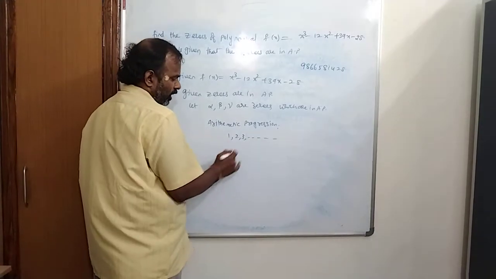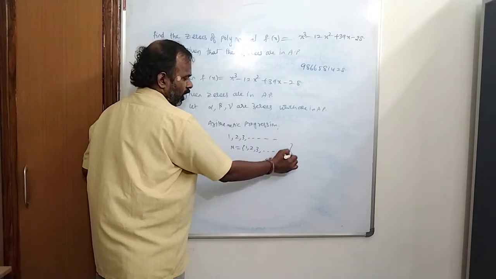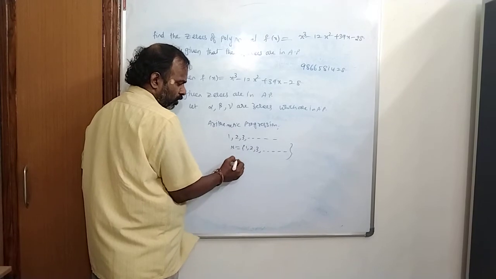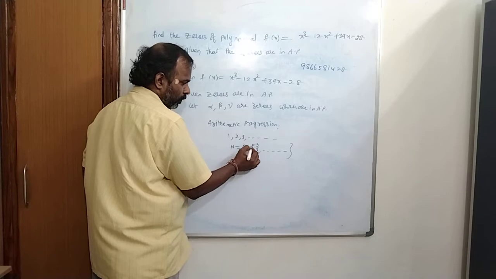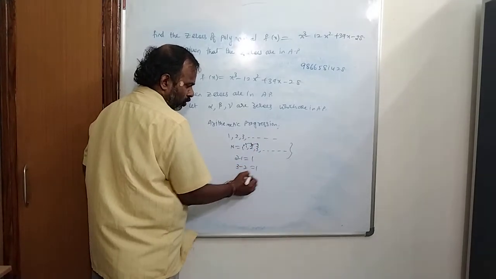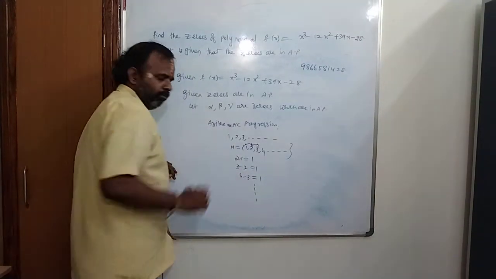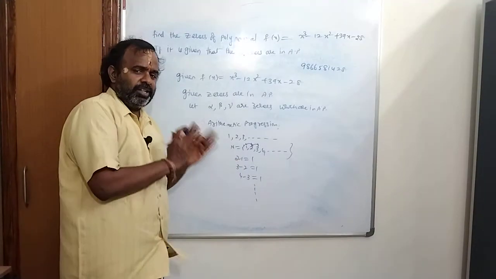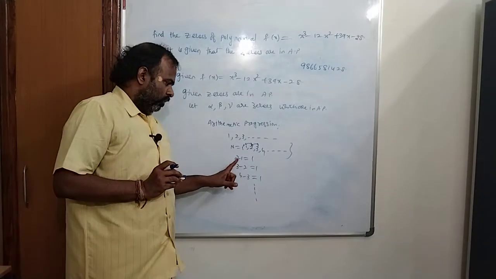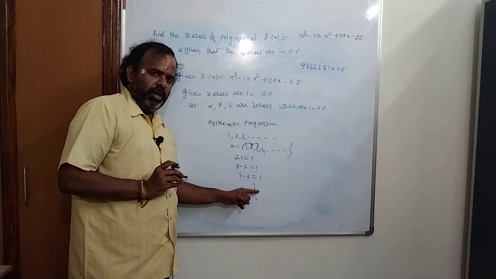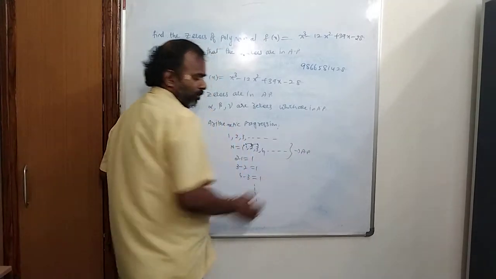Like if you take the set of natural numbers 1, 2, 3, now subtract: 2 minus 1 is 1, 3 minus 2 is 1, next 4 minus 3 is 1, and so on. So when you subtract the successive or adjacent numbers, if the difference is the same, then we say that it is in AP.